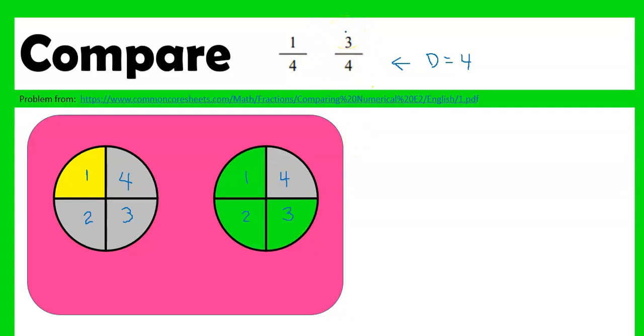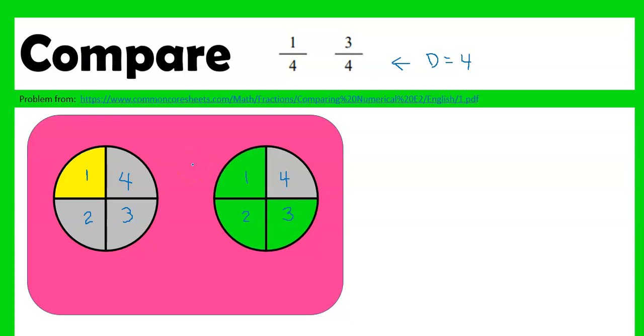The colored in section is determined by the numerator. So you can see here I have 1 slice colored in because I have 1/4, and over here I have 3 slices colored in because I have the fraction 3/4.